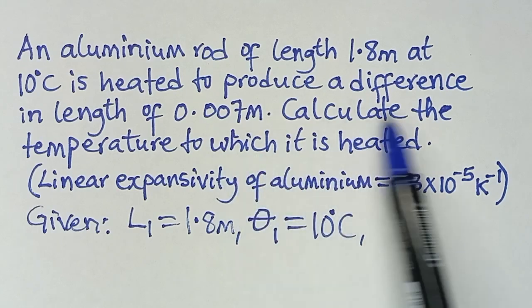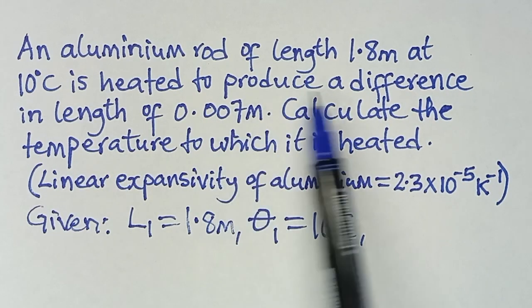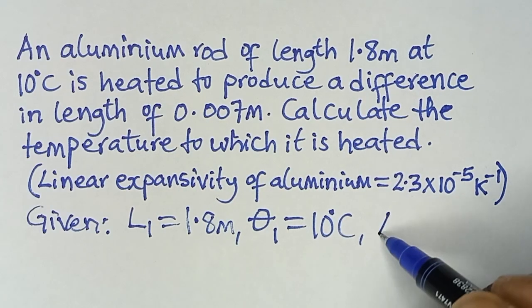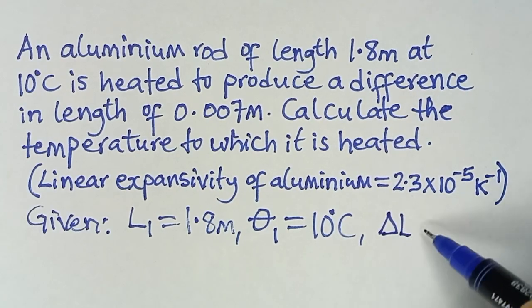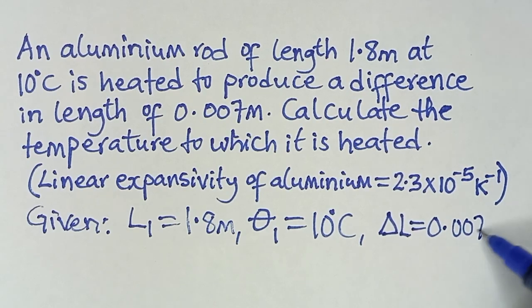And then we are given the difference in length, which is like the change in length. So the difference in length also means the change in length, and I'll call that delta L. Delta L is equal to 0.007 meters.